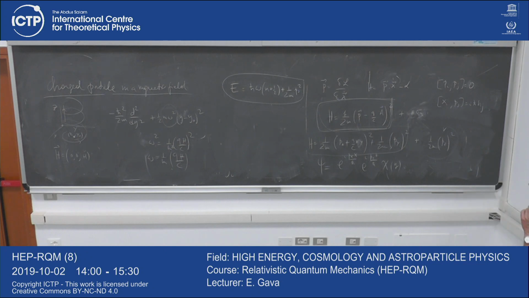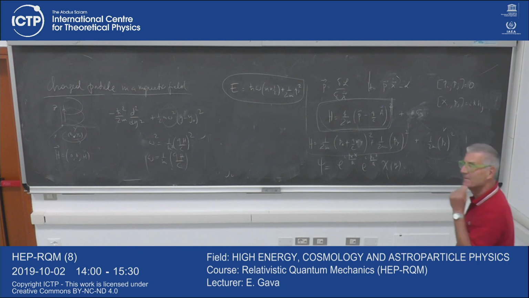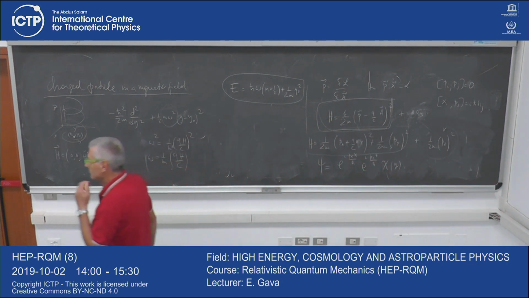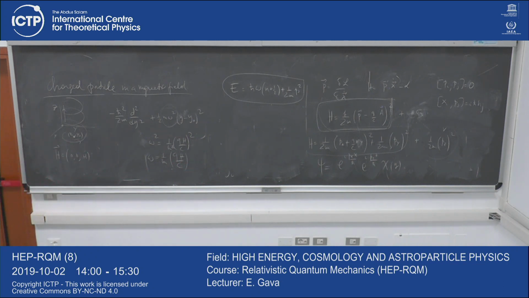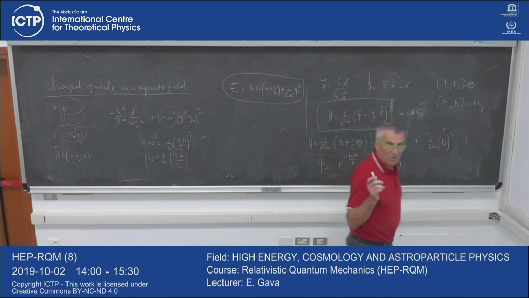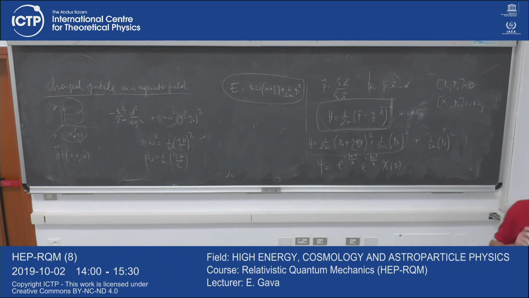By the same reasoning, then we also have 1 over 2m px square? No, no, because px square I have taken care of. Sorry, I confused. But there is a point here. What is the degeneracy of these energy levels?